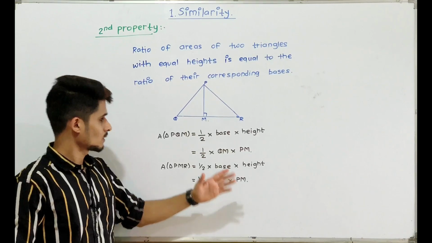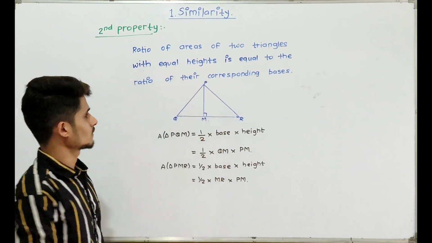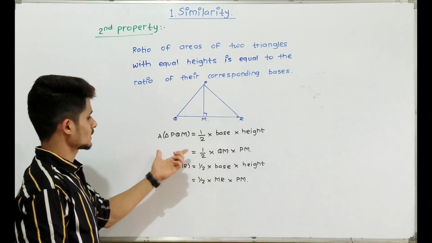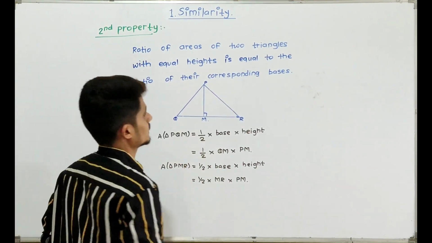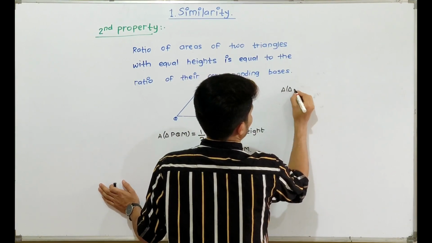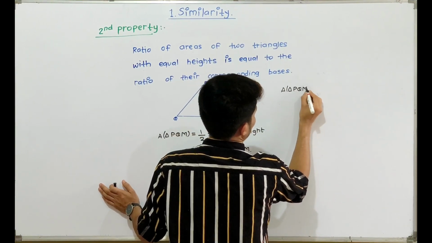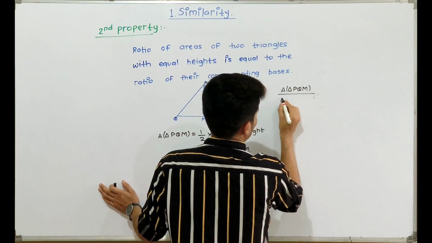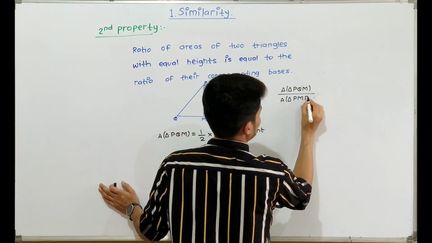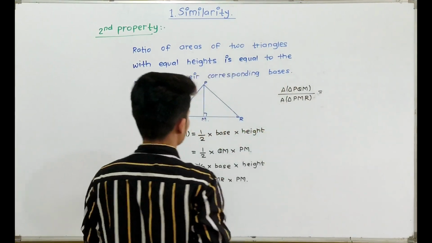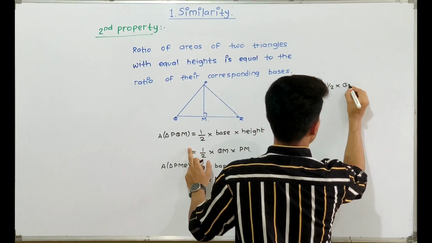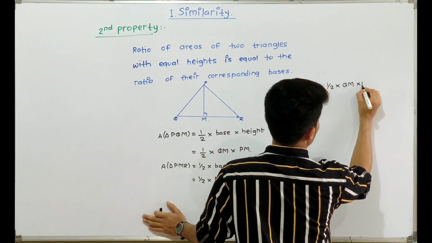So now according to the property we'll solve it, that is the ratio of area of two triangles. So we'll take the ratio of the first and second triangles. Area of triangle PQM upon area of triangle PMR. So we'll substitute the values, that is half into base is QM and height is PM.